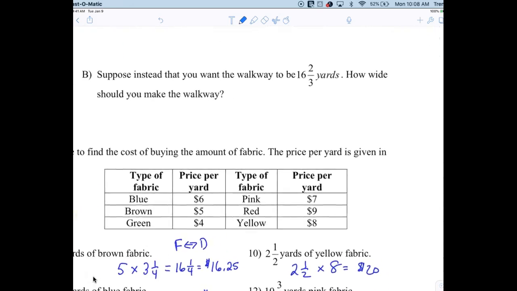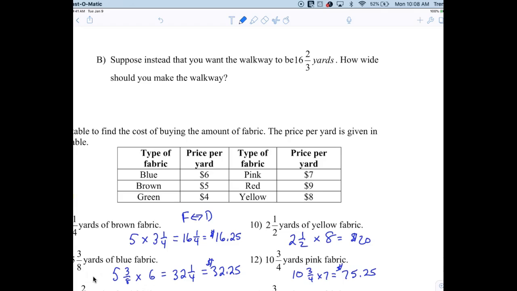Now, B. So now let's say we go outside and we measure from our front door to our driveway is 16 2/3. I need to know, well, how wide could I make my driveway then? So let's make a driveway.